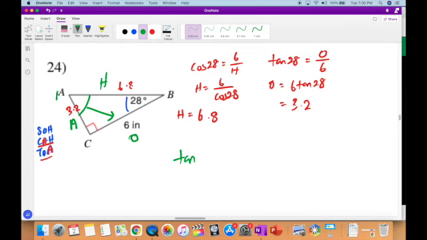So tan of the angle A is equal to opposite over adjacent, which is the opposite, 6, over the adjacent, which is 3.2. So therefore A is equal to the tan inverse of 6 over 3.2, which is 61.9 degrees.